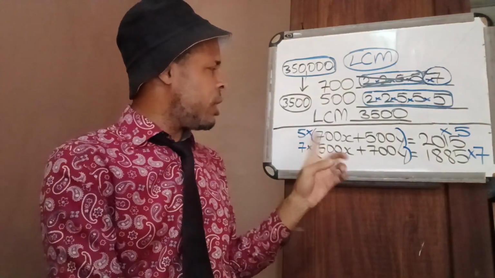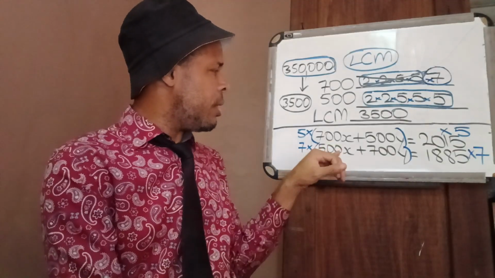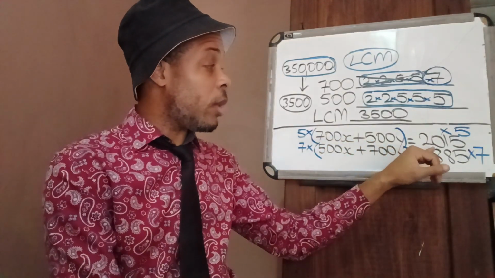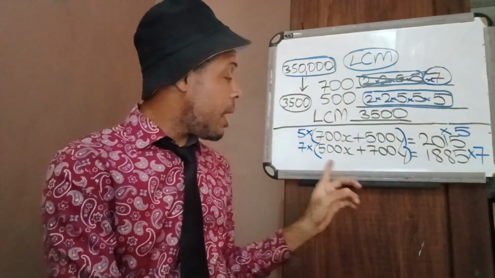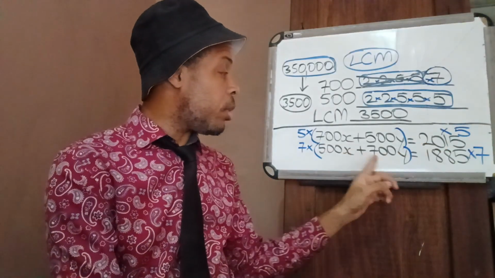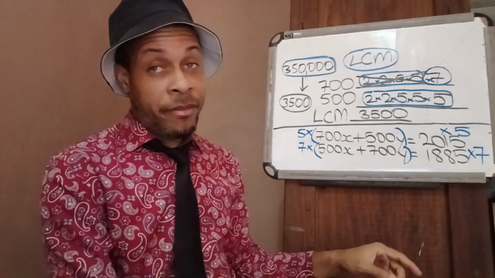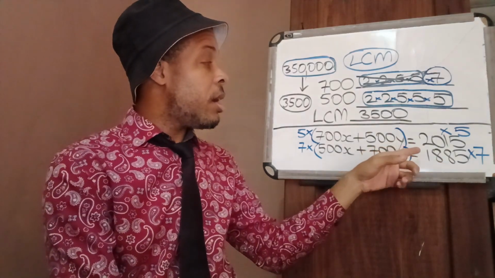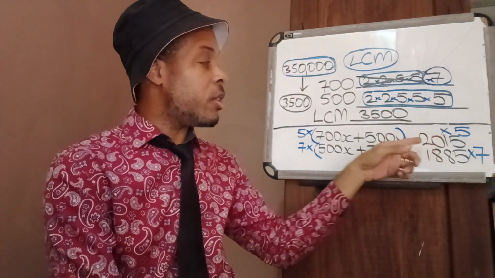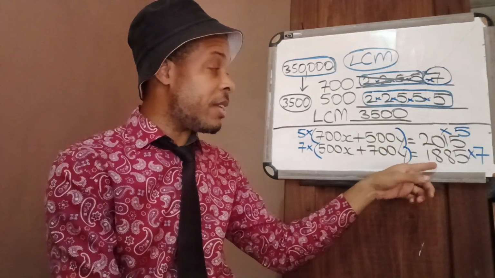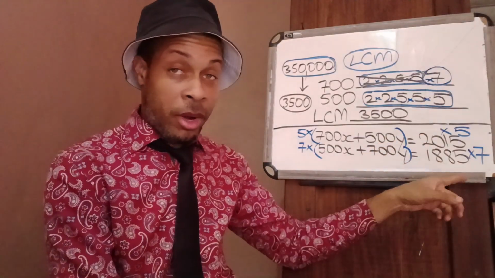Now, originally, if I'm not mistaken, this might have been 7x plus 5y equals 20.15. This was 5x plus 7y equals 18.85. Then I turned 20.15 into 2015 over 100, and the same, 1885 over 100.